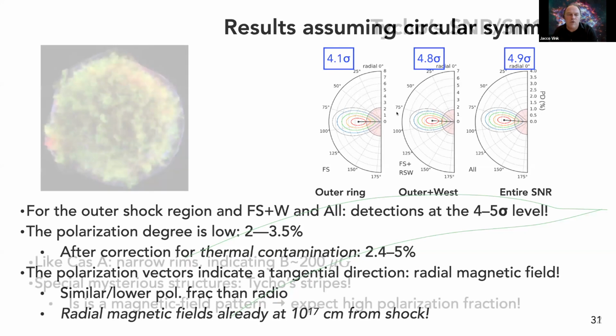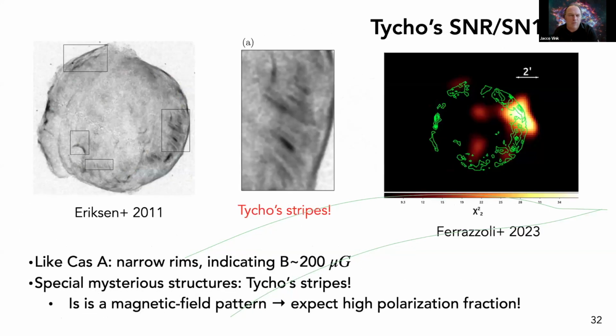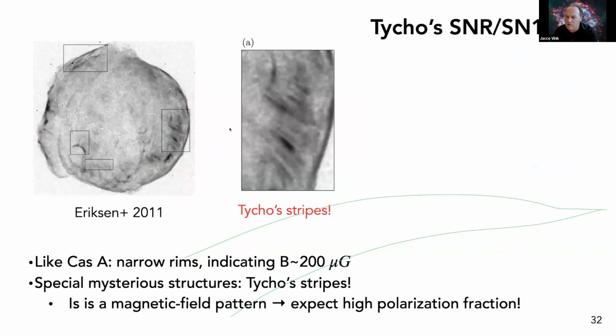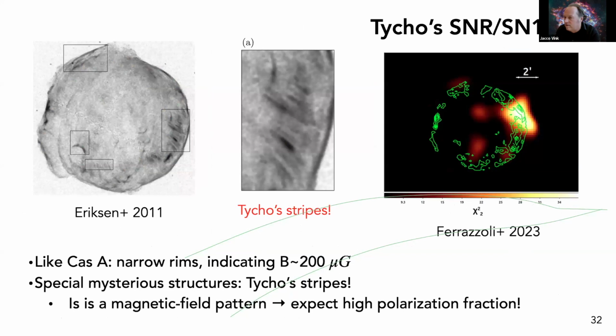And for Tycho, I must say, in hindsight, I don't like the fact that some of these regions are overlapping, for instance B and F. F was really done because we found this region here in the smoothing technique. So it's clear that the polarization is very high, or not very high, but it's highest here.